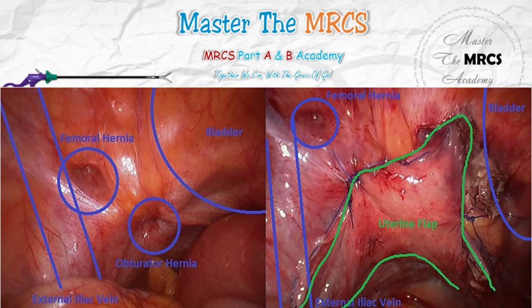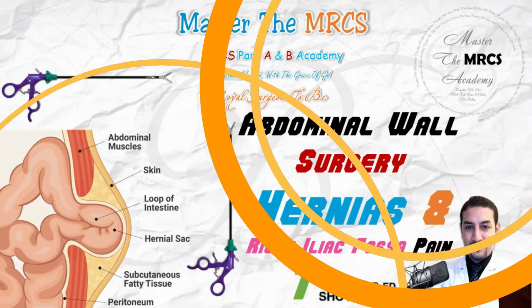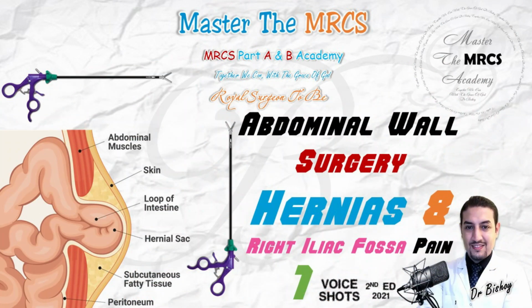It is at the medial aspect of the femoral canal. This is the femoral hernia. You have to take care of it. And although the femoral hernia and the obturator hernia are more common in females, still the indirect inguinal hernia is the most common hernia of all types. The most common hernia in absolute terms is the indirect inguinal hernia.